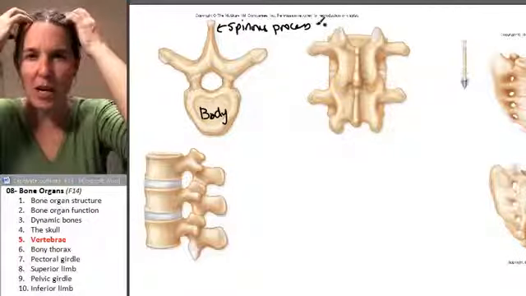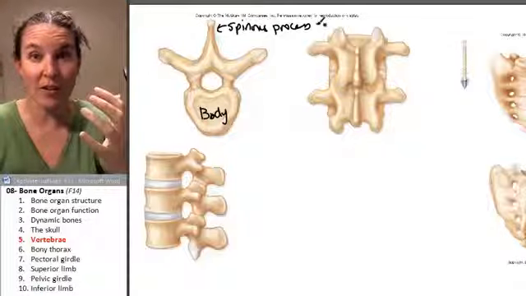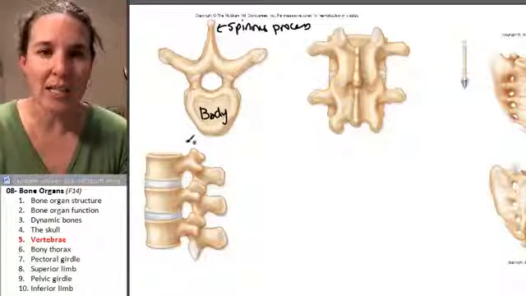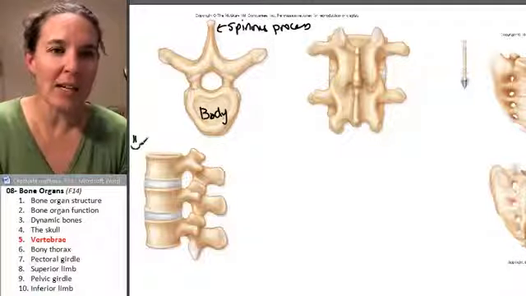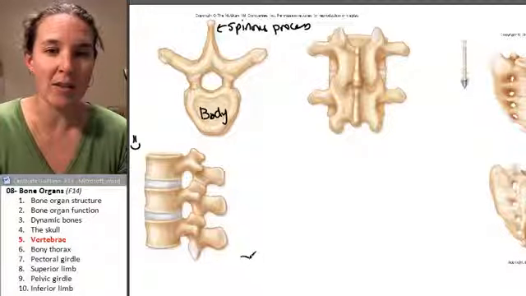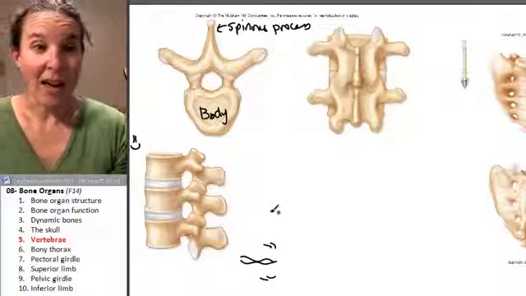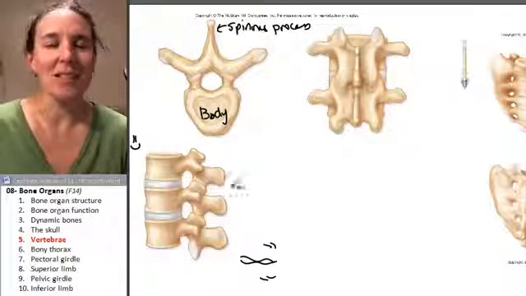So is the spinous process anterior or posterior? It's posterior, which means the body is anterior. So your face is up this way in my little drawing, and your tail, because I know you all have tails, that is posterior by the spines.